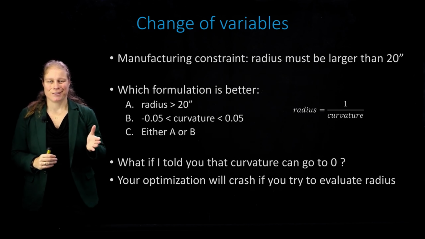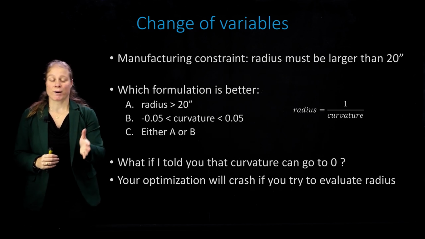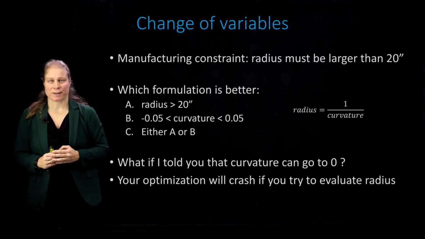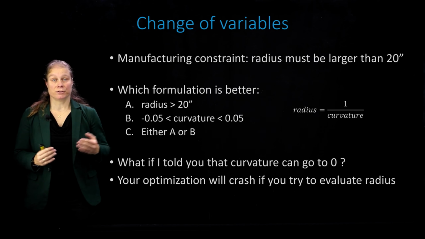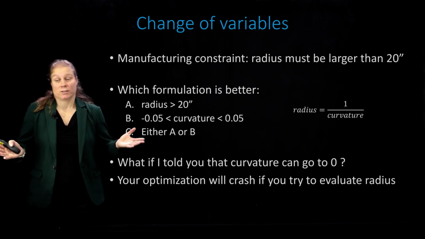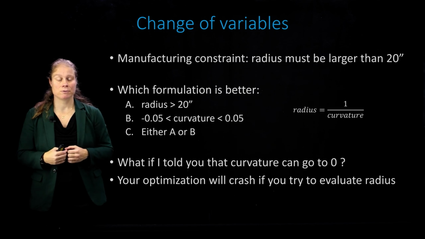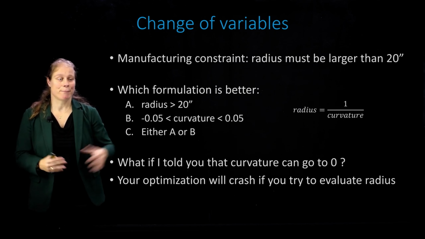You can have Python maybe print, it's going to be inf, but the optimizers still don't know what to do with that. Whereas if your curvature goes to 0, there's no problem. It's 0, it's between these two values, and the optimizer will happily continue.